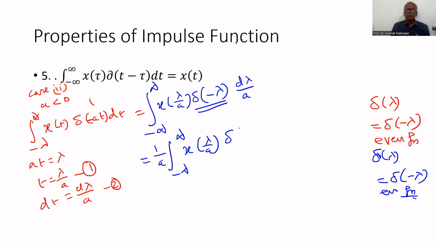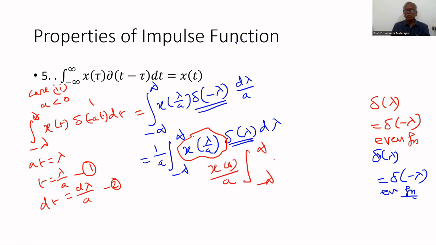Therefore, we can write the integral of δ(λ) dλ. By using the first property, this will exist only when λ equals 0. That's why this becomes x of 0. Therefore, x of 0 divided by a, times the integral from minus infinity to plus infinity of δ(λ) dλ.